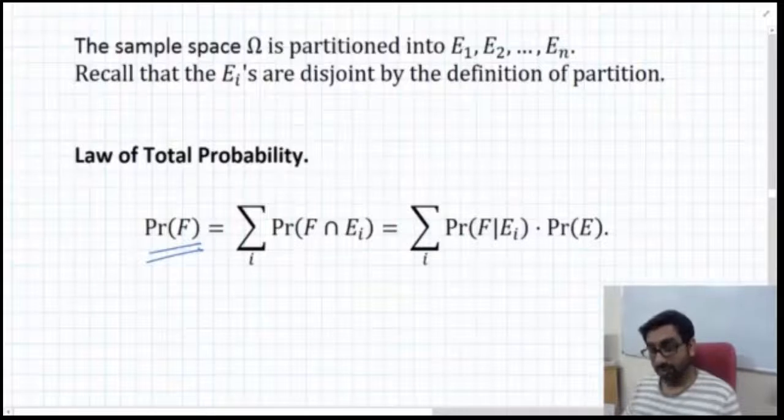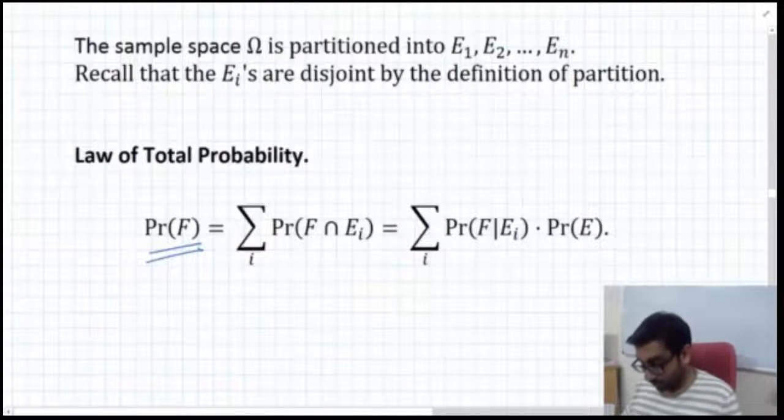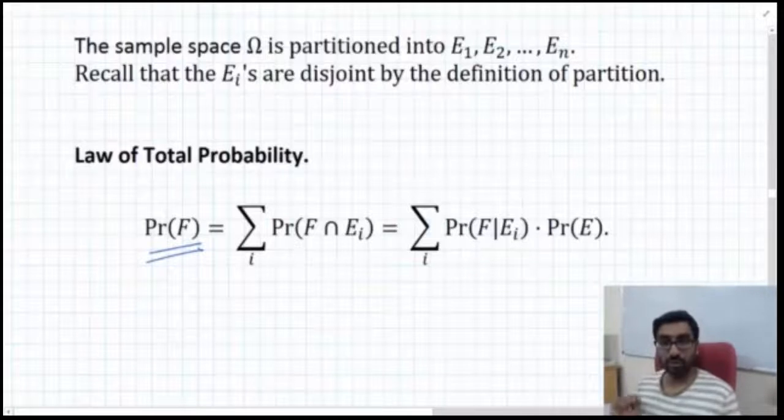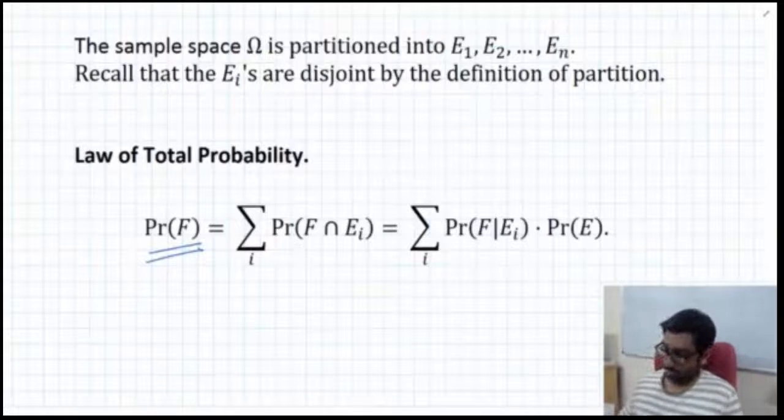Because the Ei's are all disjoint, and therefore F intersected with Ei are all going to be disjoint, and if you unite all of those events F intersected Ei, they're going to equal F, and so their probability summed up should be the probability of event F, and this comes from the very definition of the probability function.